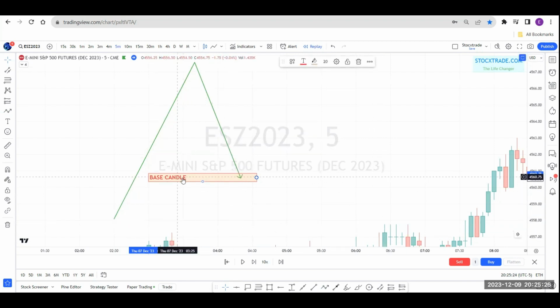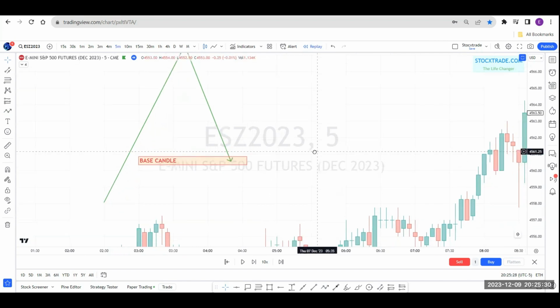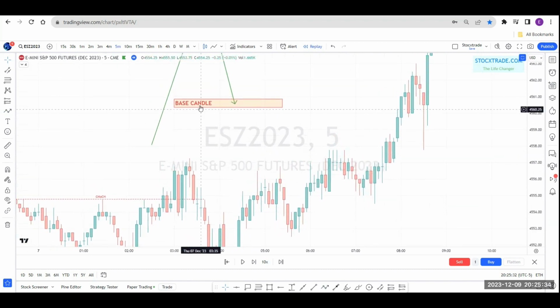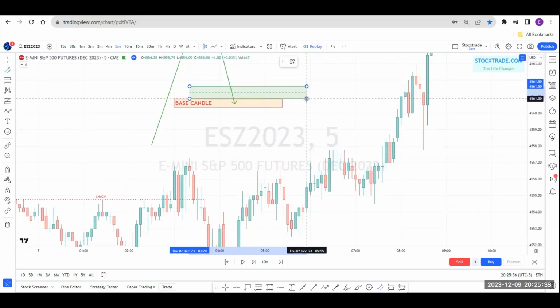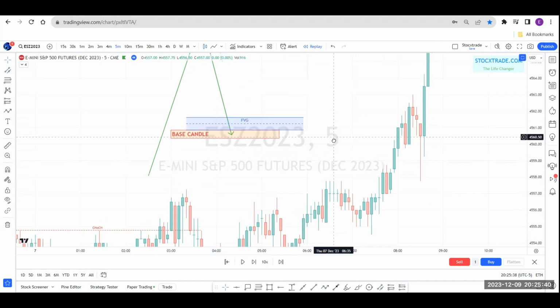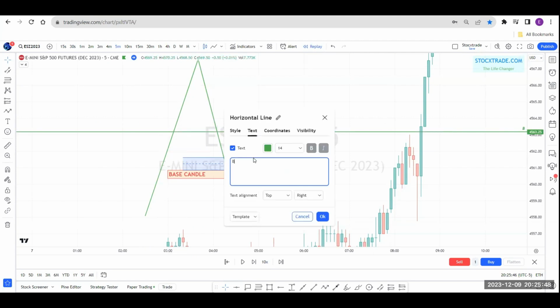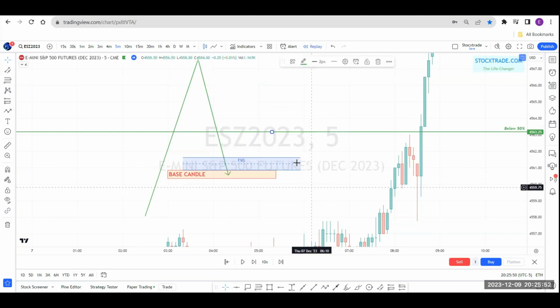The fair value gap just above the base candle will be really beautiful. So here you should have a fair value gap, in the discounted zone. Discounted zone means below 50%.